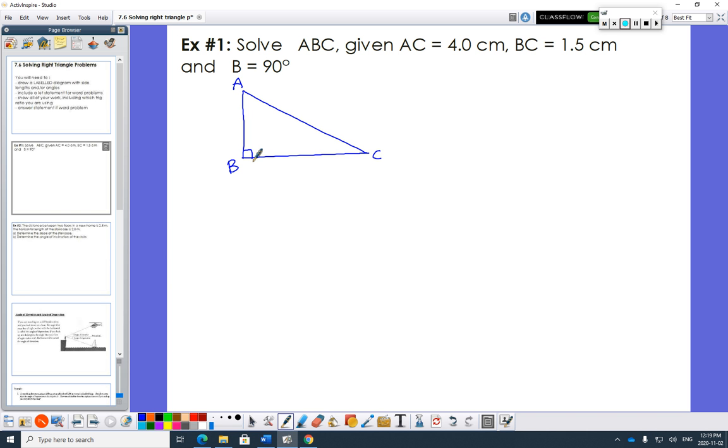This is 7.6, yes. So this is the old way that you're used to of labeling sides. So it says AC is 4, BC is 1.5.